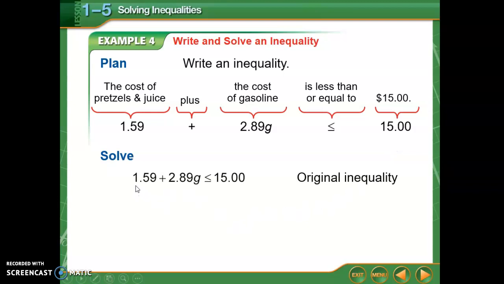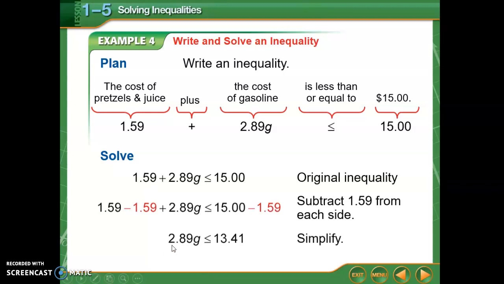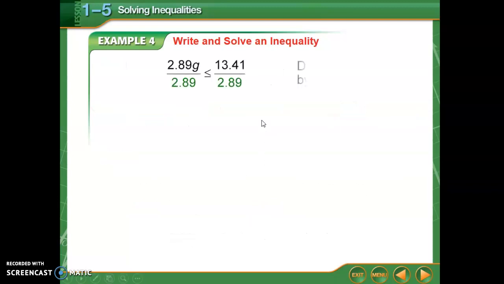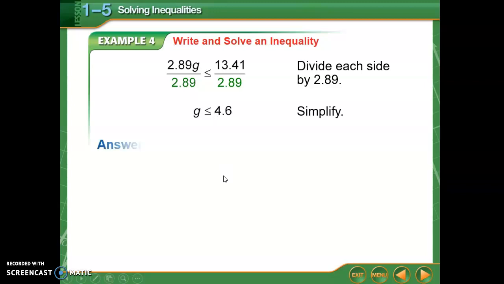So subtract $1.59 from both sides. You will get $2.89 times G less than or equal to $13.41. Divide both sides by $2.89. So the number of gallons that he can buy is less than or equal to 4.6 gallons.